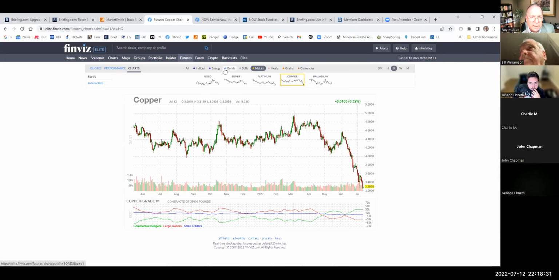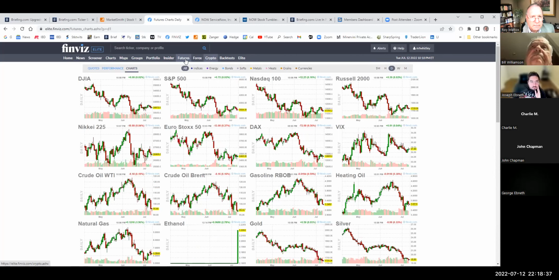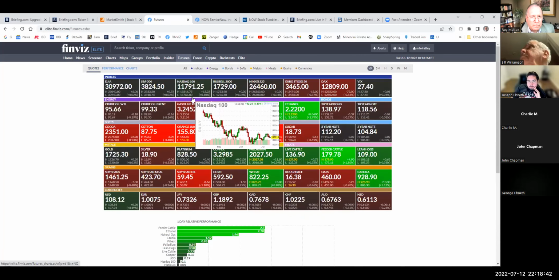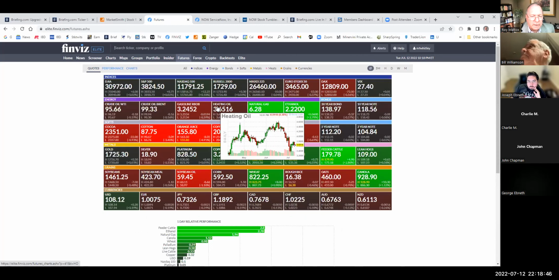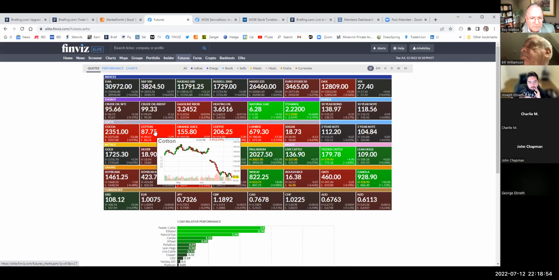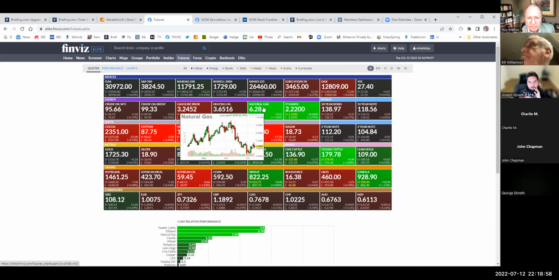So it's just interesting that all these prices peaked, and they peaked months ago. Like energy peaked right when Russia invaded Ukraine, but all these commodities are way off their high.